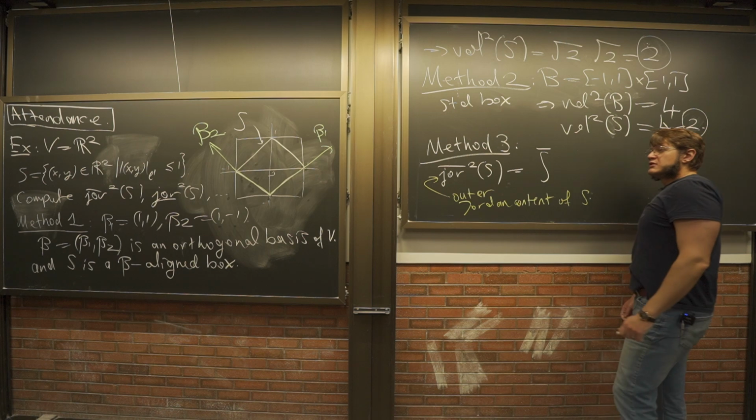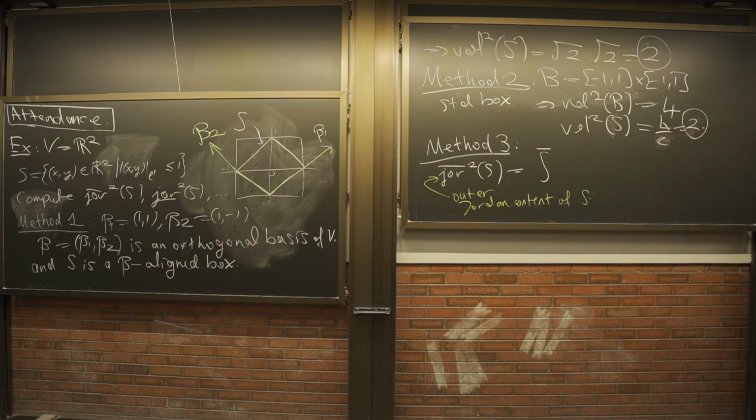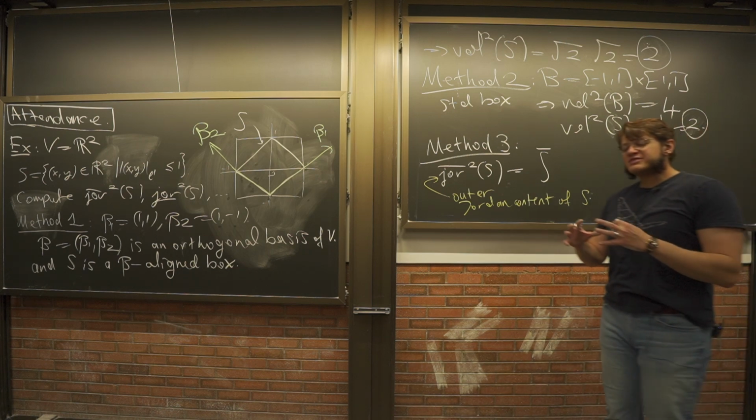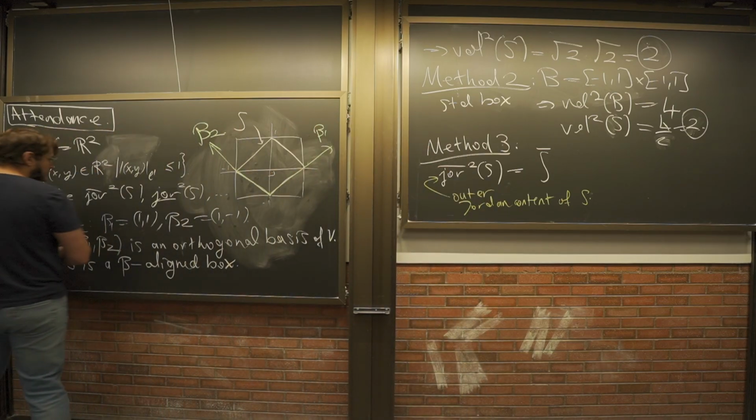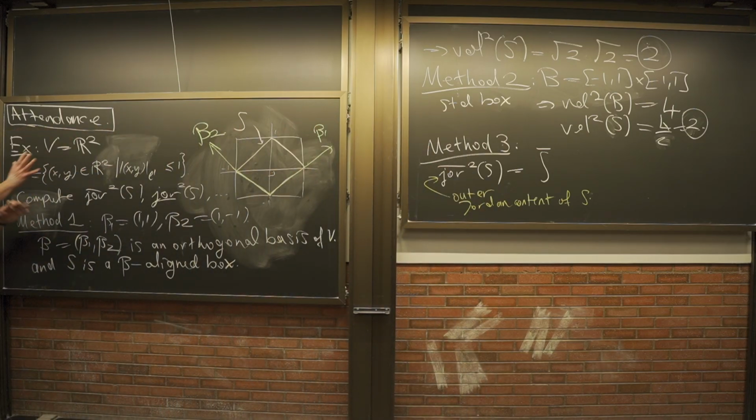Okay. Now, instead of thinking of the sets, I'm going to think of the characteristic function of S. This is a function that is defined on all of R2 that gives you 1 if you feed to it some point in S, 0 otherwise.